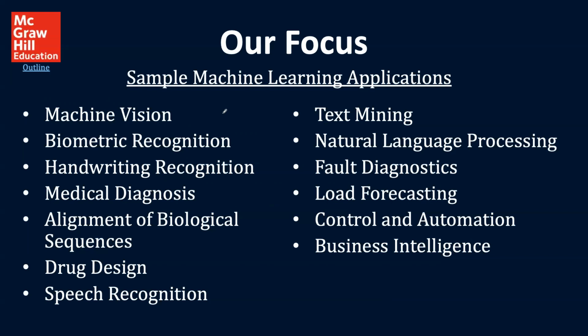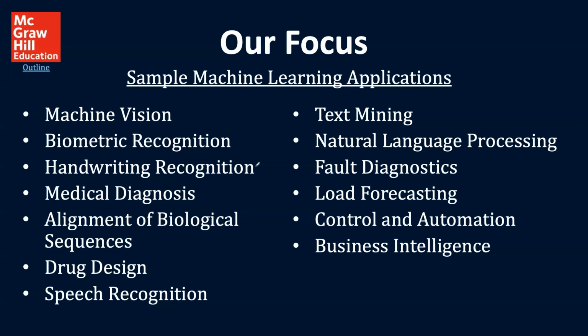Those would be possibilities. Biometric recognition: how can you quickly and effectively use different types of biometric data, whether it be fingerprints, facial scans, gait of a walk, range of motion for a limb. It can go on and on.